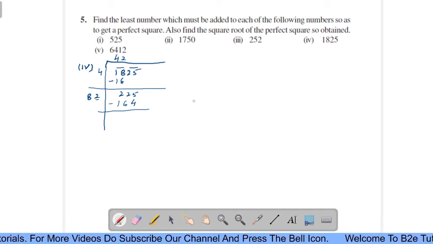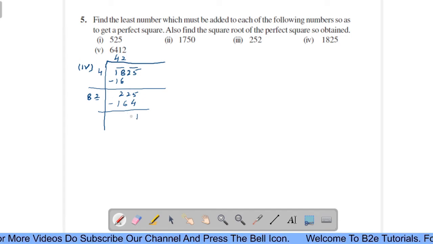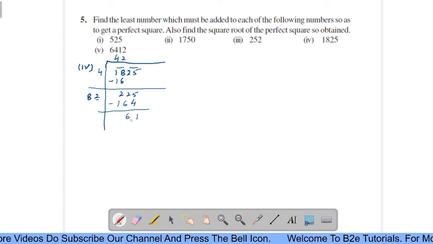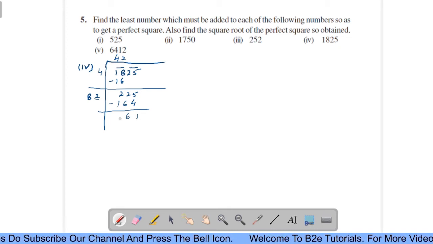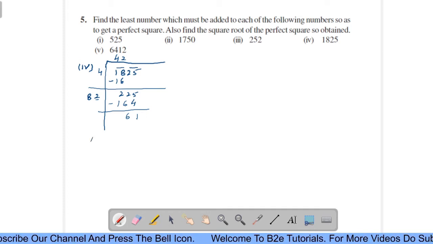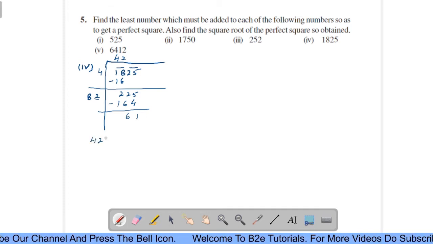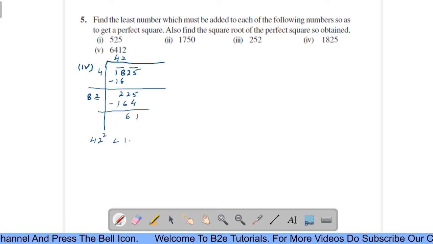Here 5 minus 4, it is 1. 12 minus 6, it is 6. It is 61. What we conclude? That 42 square is less than 1825.